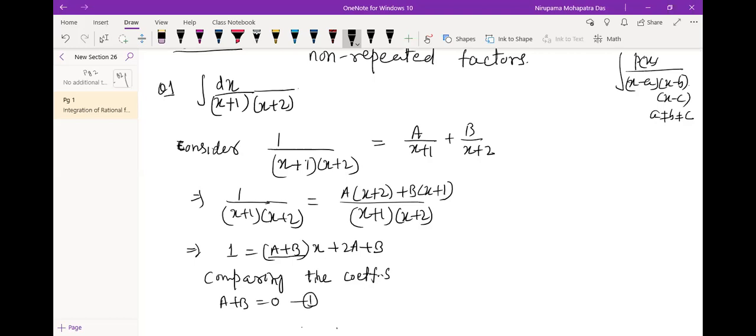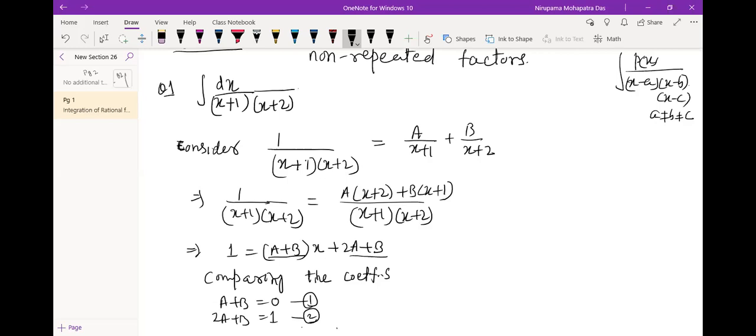And here constant term 2a plus b in RHS, in LHS constant term is 1. So 2a plus b equal to 1. Okay, now we are getting two equations, a system of linear equations in fact. Two variables and two equations.